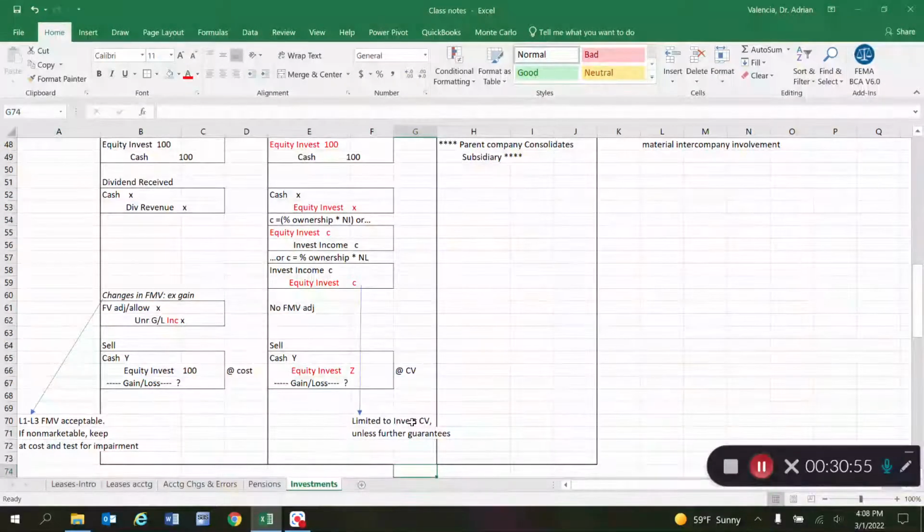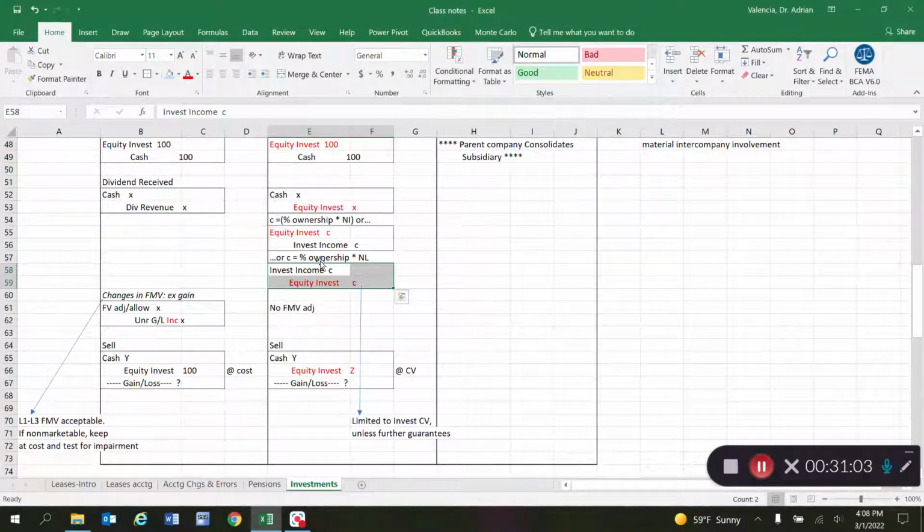I have a little note here that says if we are recognizing net loss, or our percentage of the net loss to be more clear, then the amount that we reduce equity investment by is limited to the investment itself. In other words, we're only risking up to the amount that we invested, which is $100.